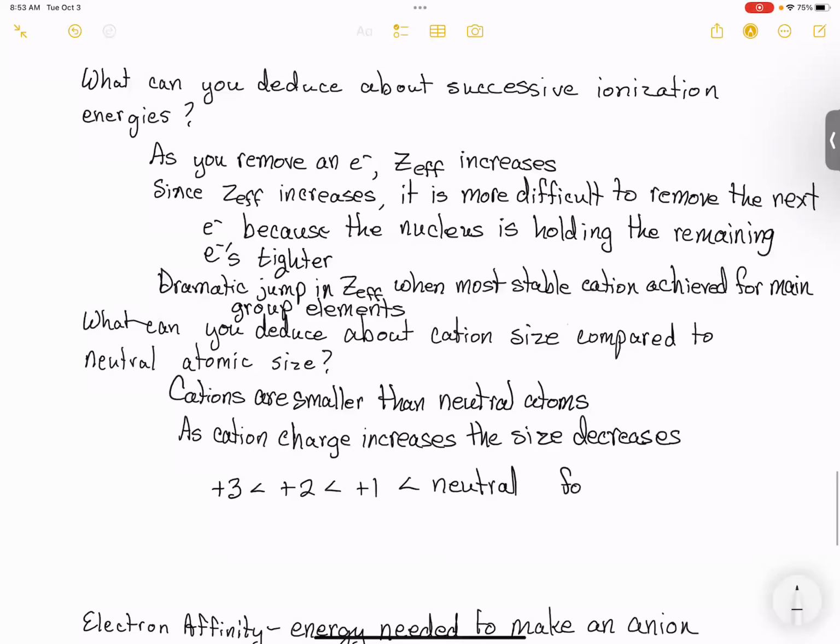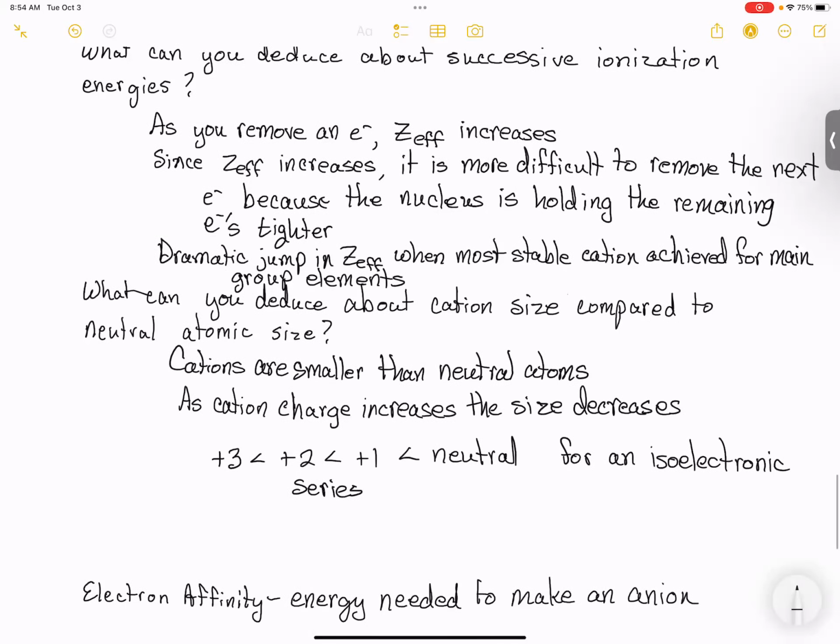For an isoelectronic series, basically, this is a new definition.